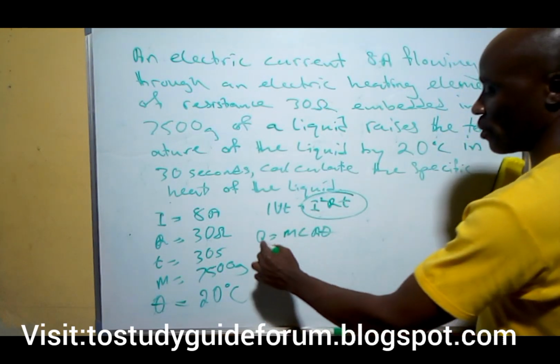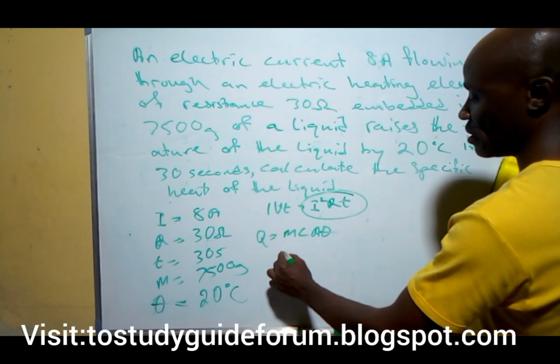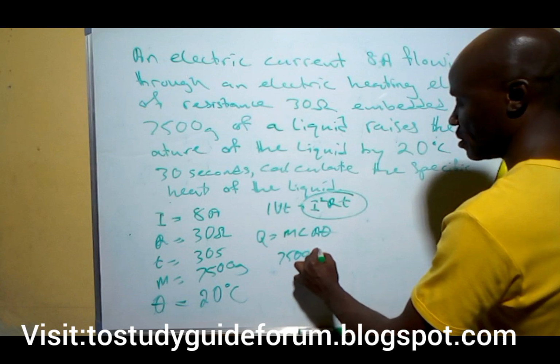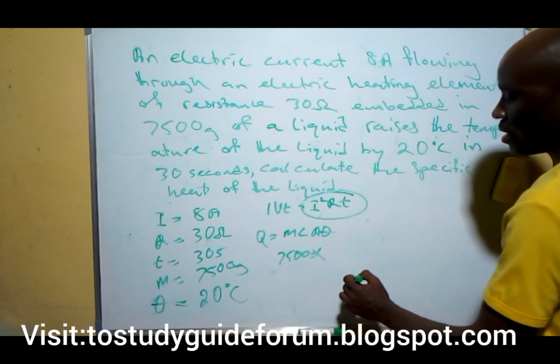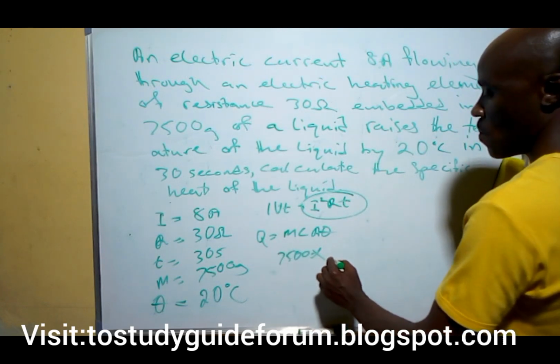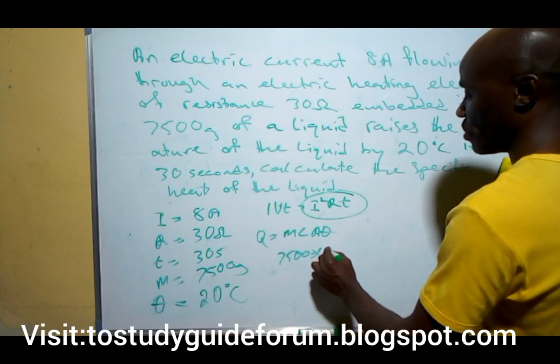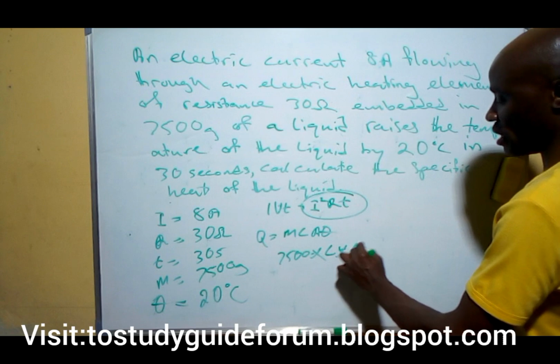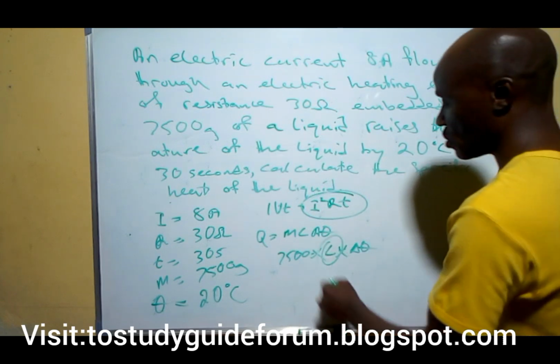So in this case we have the mass, which is 7,500 grams, times C, and then times our change in theta. But we don't have C; this is what we are looking for.